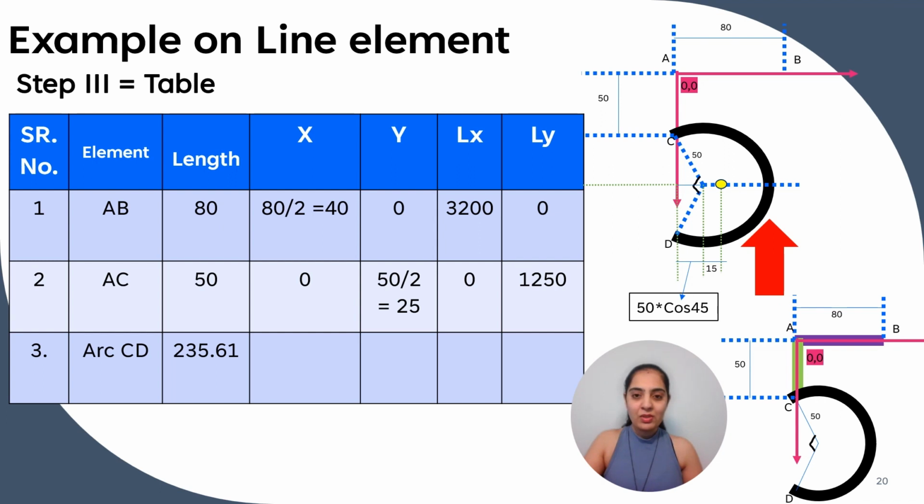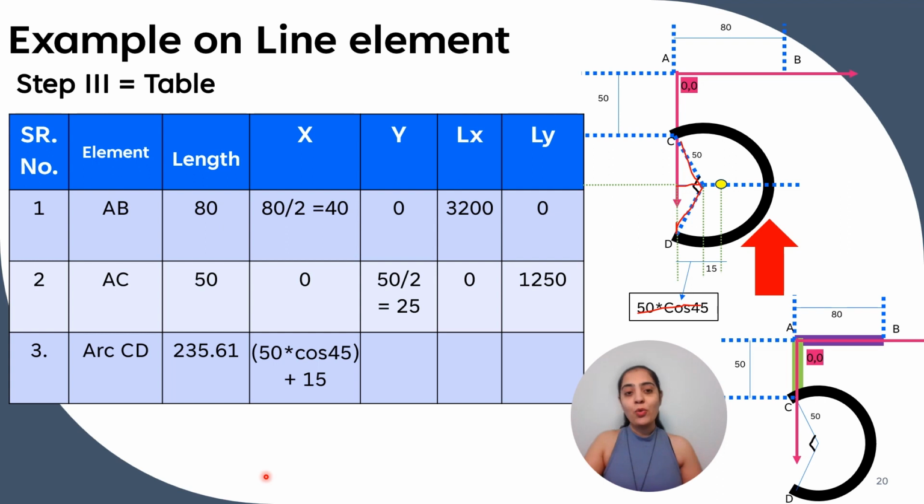So, here is the triangle and we want the distance from this y-axis, which is equal to 50 cos of 45 degrees. So, the x coordinate of CG of this arc CD is 50 cos of 45 plus x bar, which is 15.